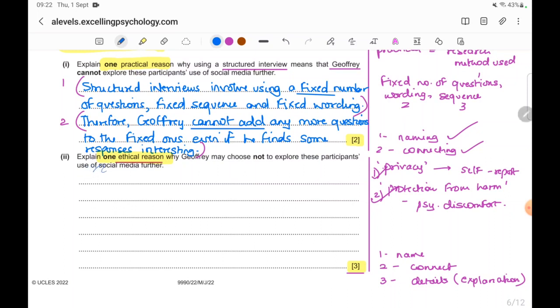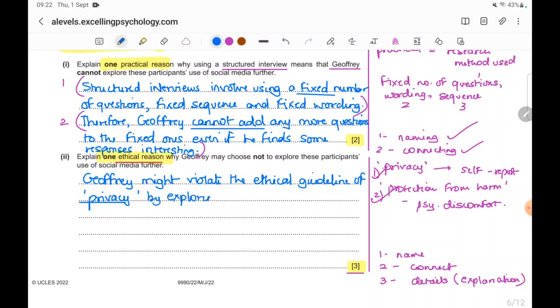So I would say that Jeffrey might violate the guideline of privacy by exploring participants' use of social media.